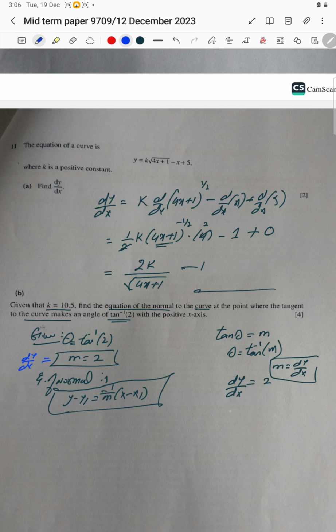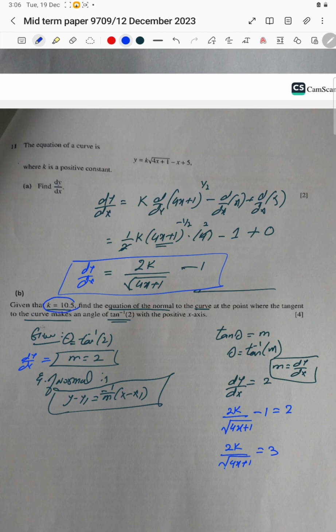So in the question, 2k over square root of 4x plus 1, minus 1, equals 2, right? Because I got dy by dx in the first part, so I substitute it here. So simplify, square root of 4x plus 1 equals 3. k is given to be 10.5.